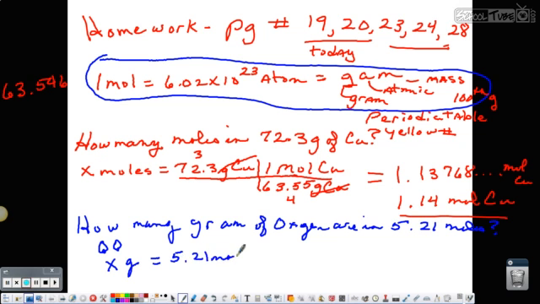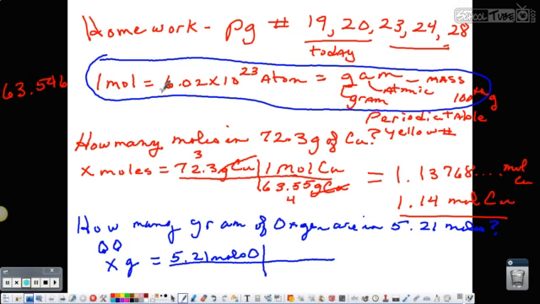5.21 moles of oxygen. So we just put an O for oxygen because that's the symbol for oxygen as far as we're concerned right now. It's really not, but we'll get there at a later date. Now, what do I need to get rid of? Moles. Look back up here. This is our only equality.